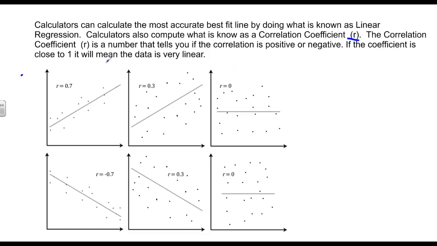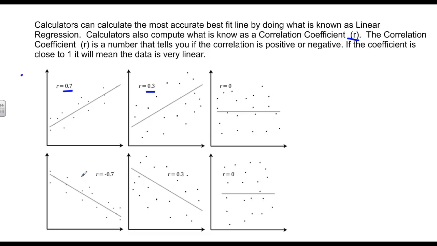Any positive correlation coefficient means we're talking about a positive sloping line. As you can see in the pictures below, there's a positive r value of 0.7 going up, a positive r value of 0.3, and you'll see here that the r value is 0, which means my data is scattered all over the place and doesn't really have any kind of slope associated with it.